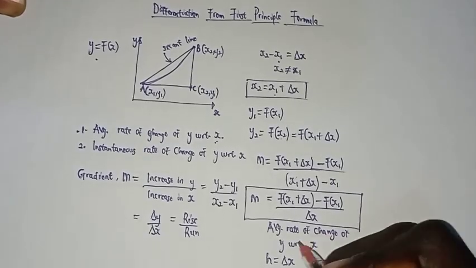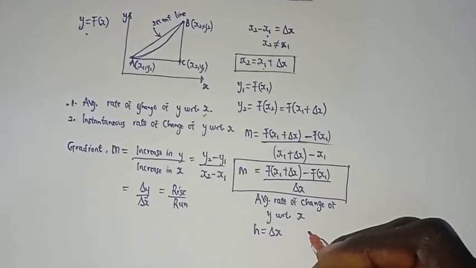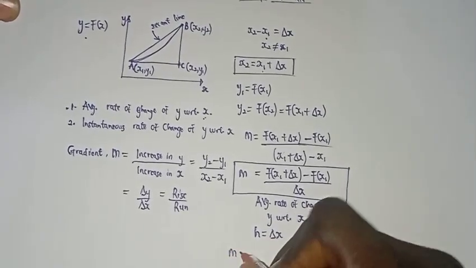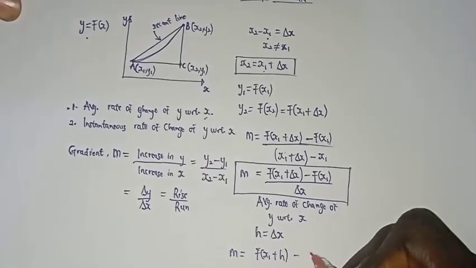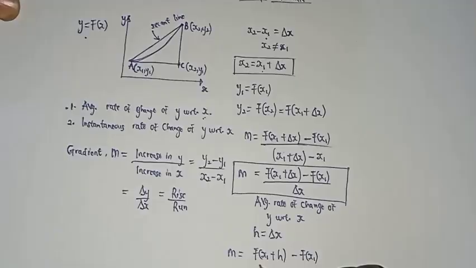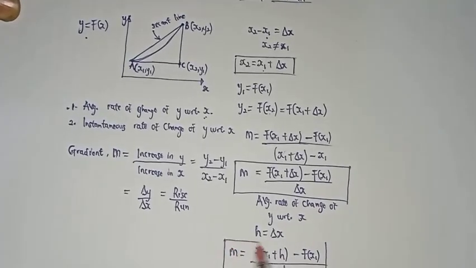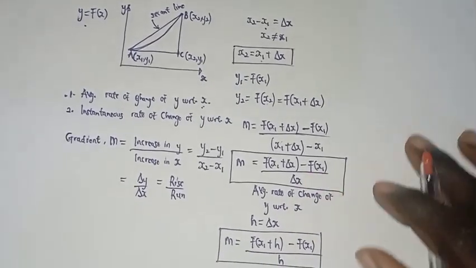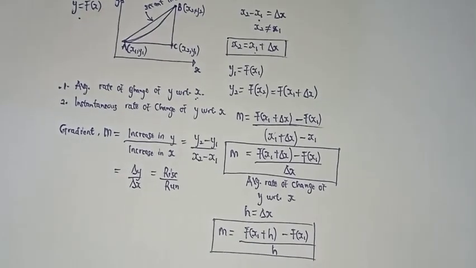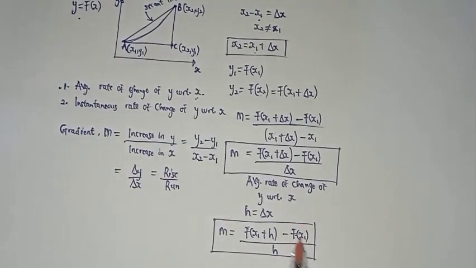So if you replace delta x with h, we'll have m is equal to f of x1 plus h minus f of x1 all over h. These two formulas are the same. One is written in terms of delta x, and the other in terms of h. So this is the first thing we need to know: the average rate of change of y with respect to x.